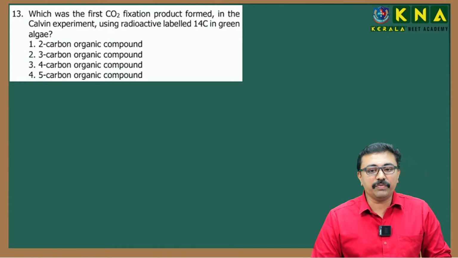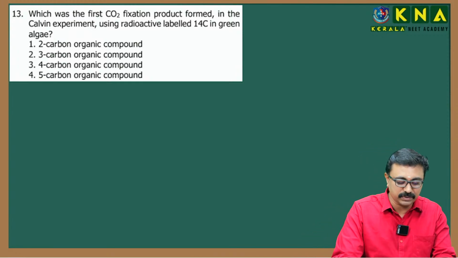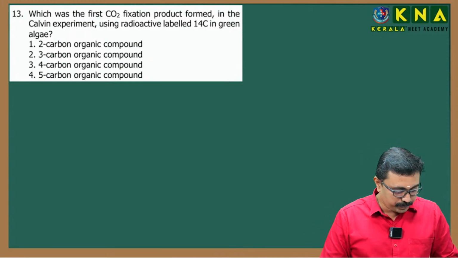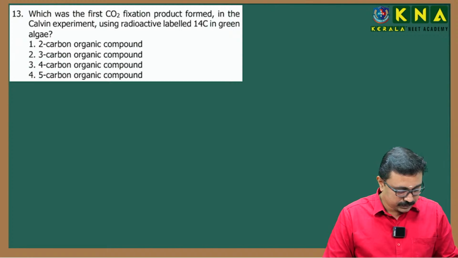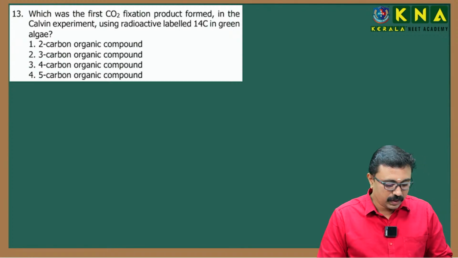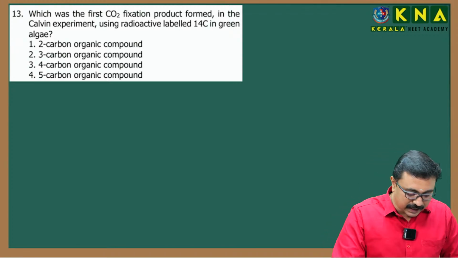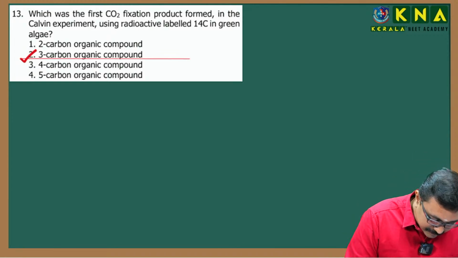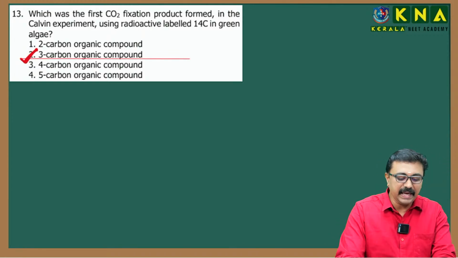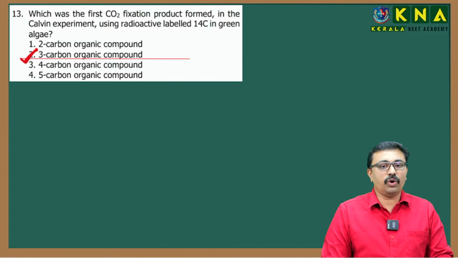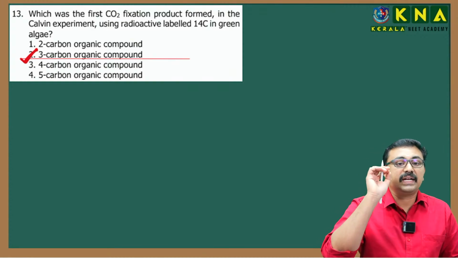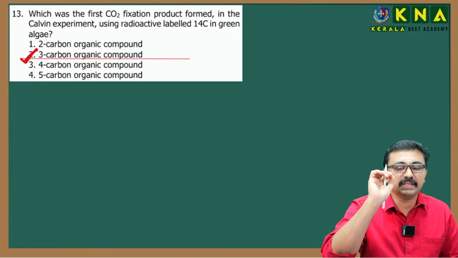The question is coming from the Calvin cycle. Can you answer? The right answer is option 2, a 3-carbon organic compound, which was the first carbon dioxide fixation product.